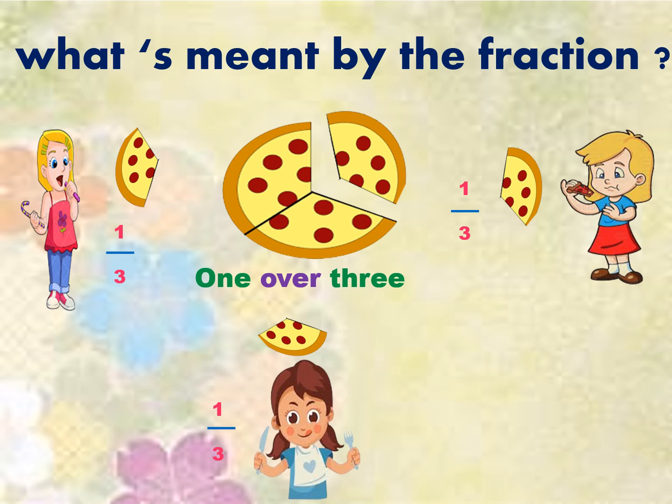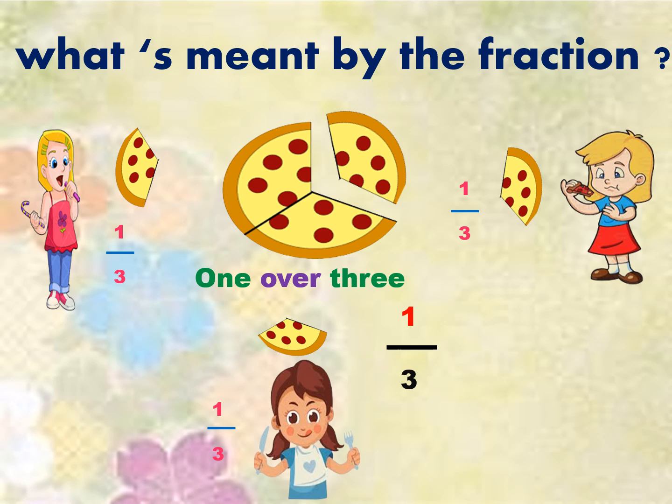Okay? Everyone takes 1 from 3. Right? Okay. I have 1/3. The 1 means every girl takes 1, and the 3 means the pizza is divided into 3 parts.